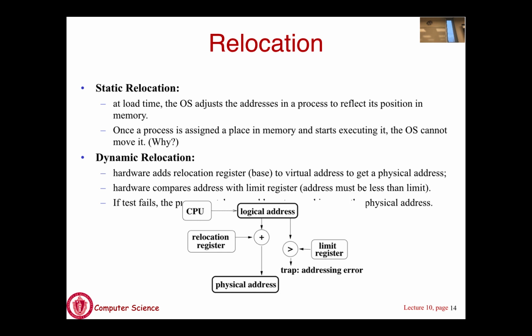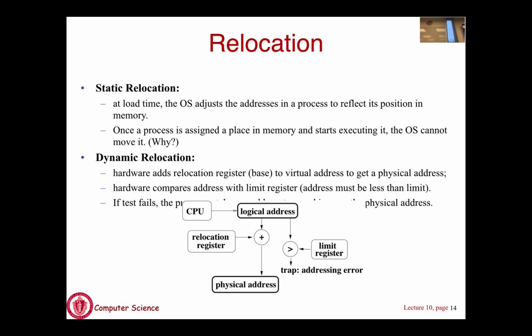And you are going to have a comparator there, which says if you generate an address that exceeds the limit register, that's an invalid address, because that's exceeding your allocated region of memory. It overflows into some other process's memory. So, you are going to disallow that. You will see that it says you are going to create a trap, you are going to get an addressing error. So, you are going to do a range check to make sure your addresses are valid, and so you are going to use an adder to generate a physical address, and a comparator to compare it.